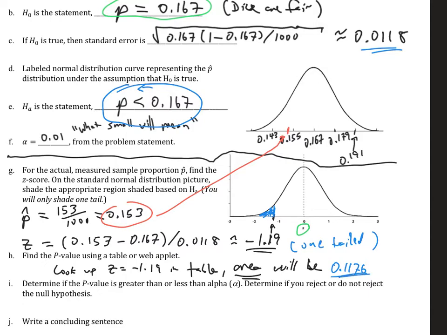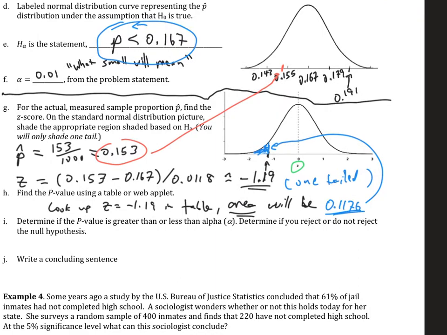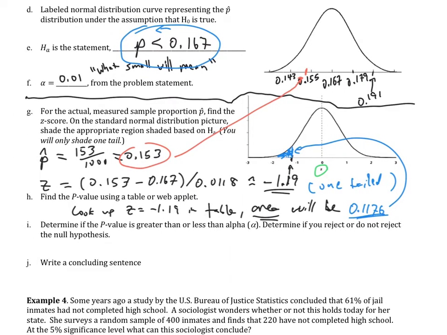So that's how much area is shaded in that picture, and that would be my p-value. We're trying to make a conclusion in our significance test, which means I just have to decide if that p-value is small. That seems like a rare probability, but notice it's almost 12%.